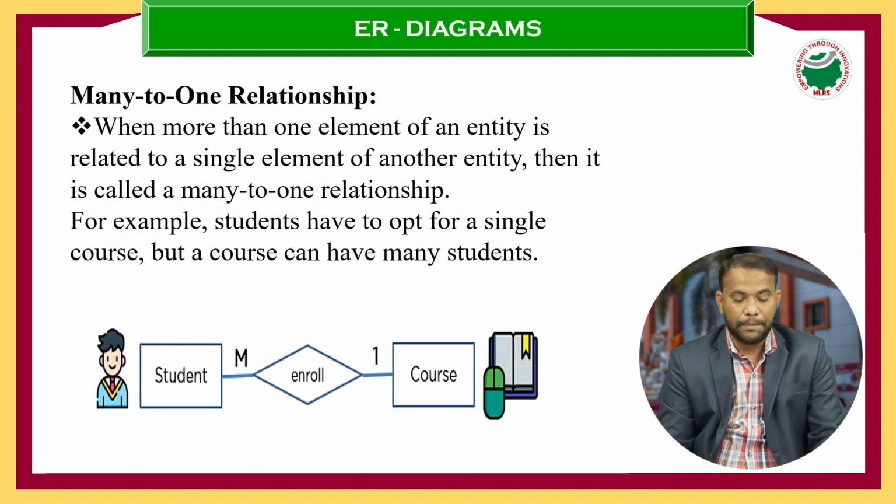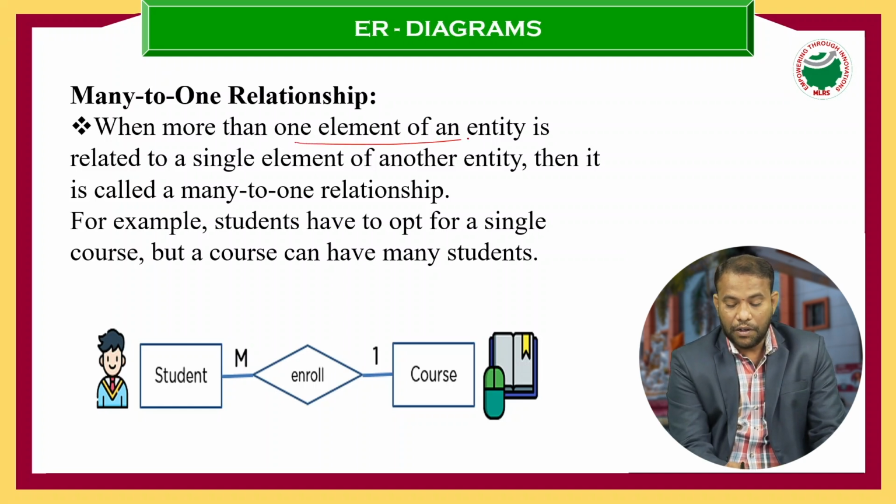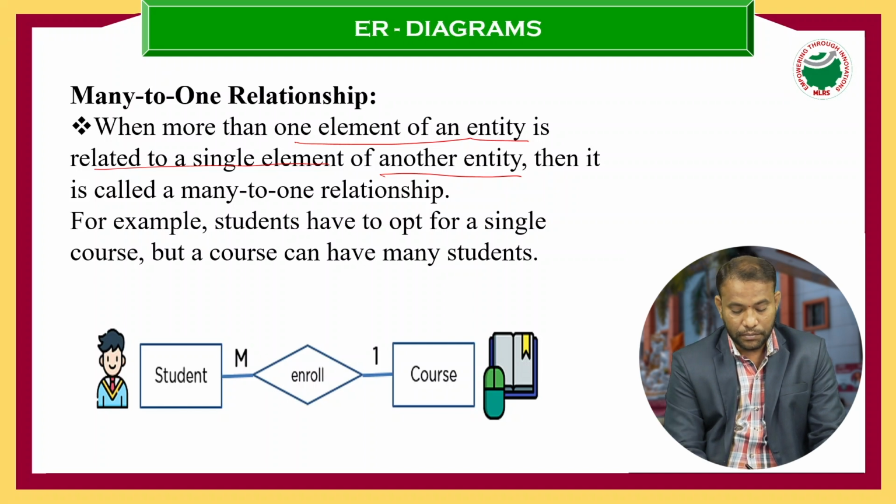Next one is many to one relationship. When more than one element of an entity is related to a single element of another entity, then it is called many to one relationship. If you take student, he is a single student, where another entity is course, and the student is enrolled for different courses.